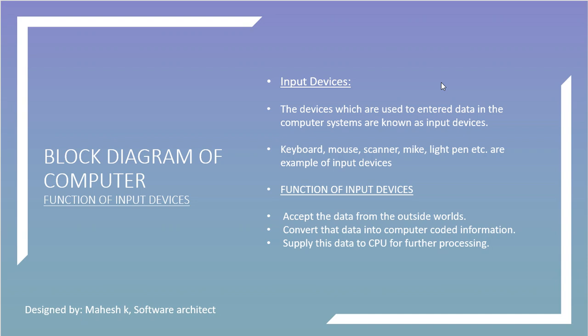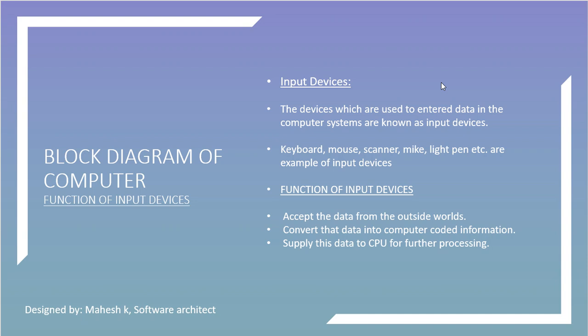Input devices are the devices we use to give instructions to the computer to do some activity. For example, the computer keyboard. Through the keyboard we input our characters A, B, C, D, special functions, and numeric values 1, 2, 3, 4, 5. This is a very important input device.